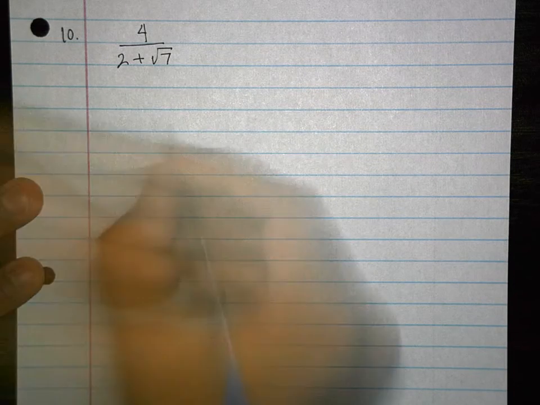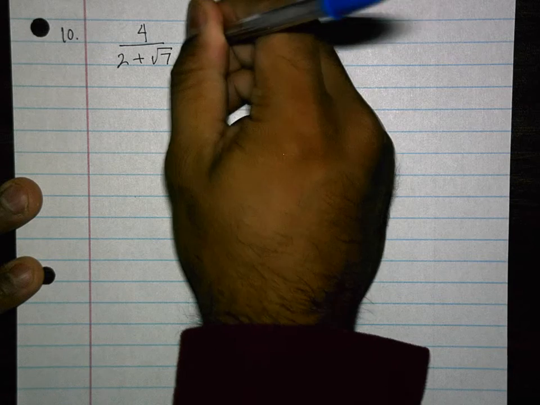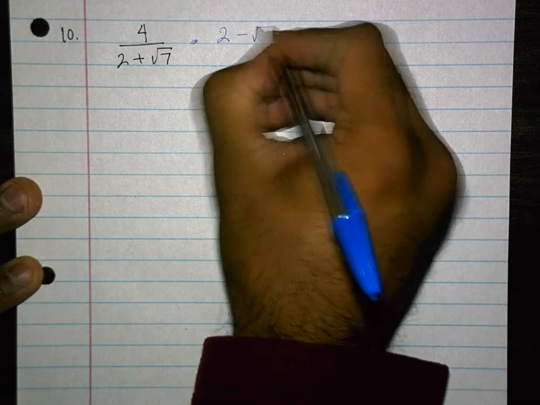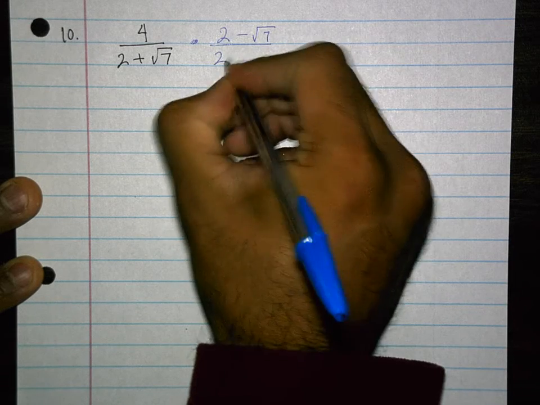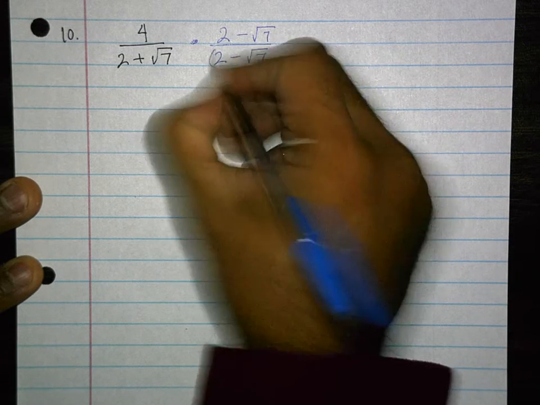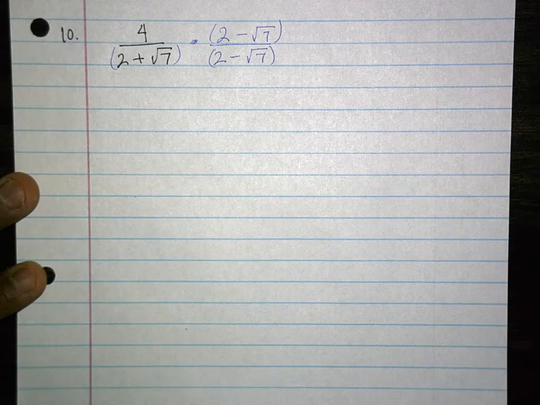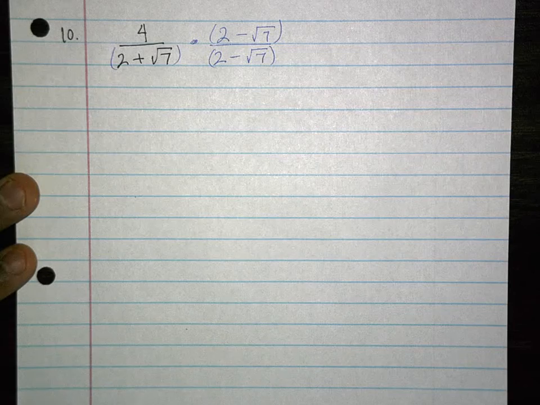Okay. And I'm going to multiply by the conjugate. And the conjugate is you keep the front number the same, and you just change the sign in the middle. Okay. And think of these as binomials. They kind of are because you can't really add the radicals.